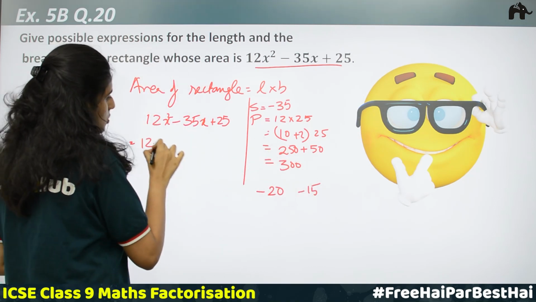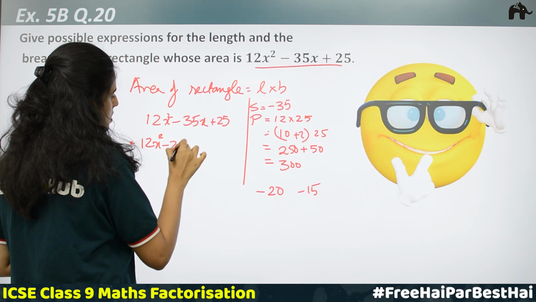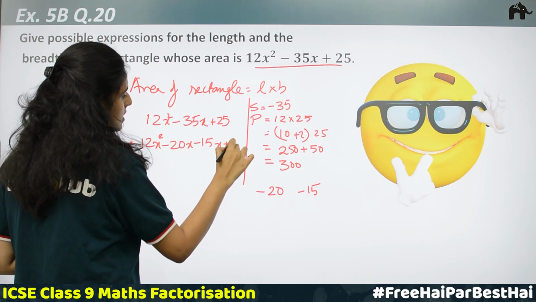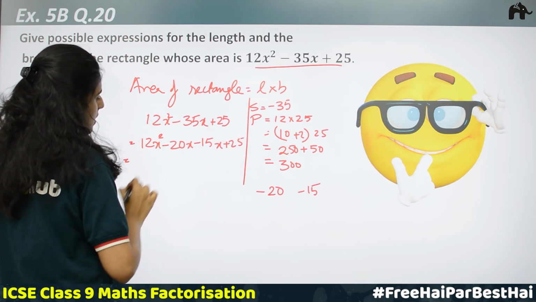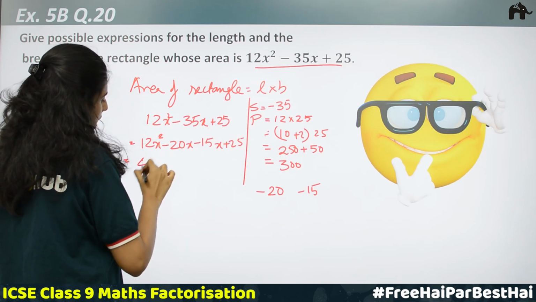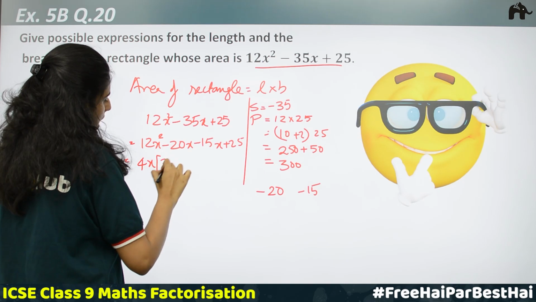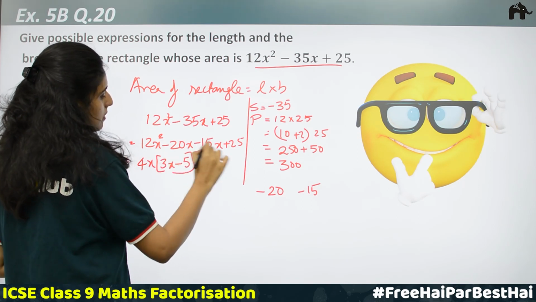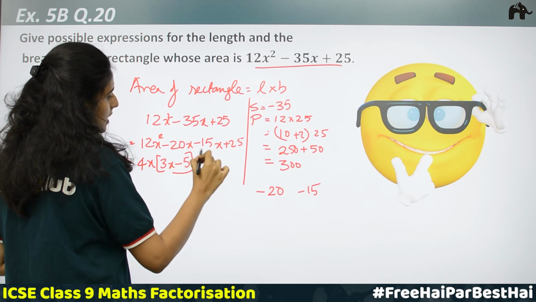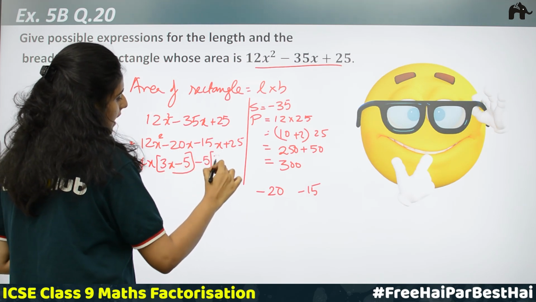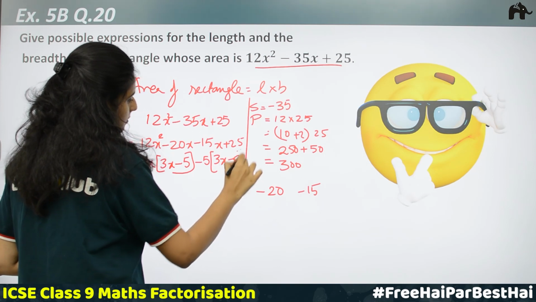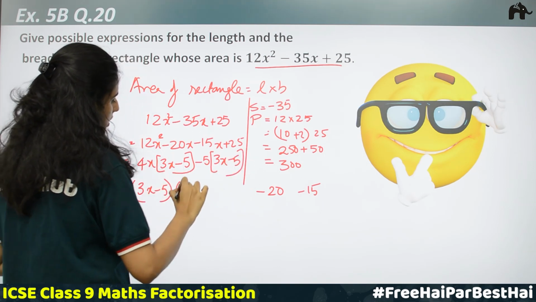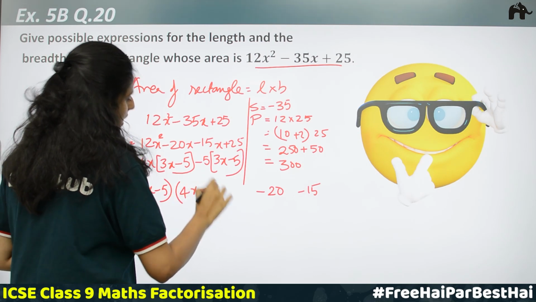This will be equal to 12x square minus 20x minus 15x plus 25. So taking common, from here you can take 4x common, remaining you will be having 3x minus 5. From this you can take minus 5 common, again 3x minus 5. 3x minus 5 is a common factor. Taking out, we get 4x minus 5 inside.